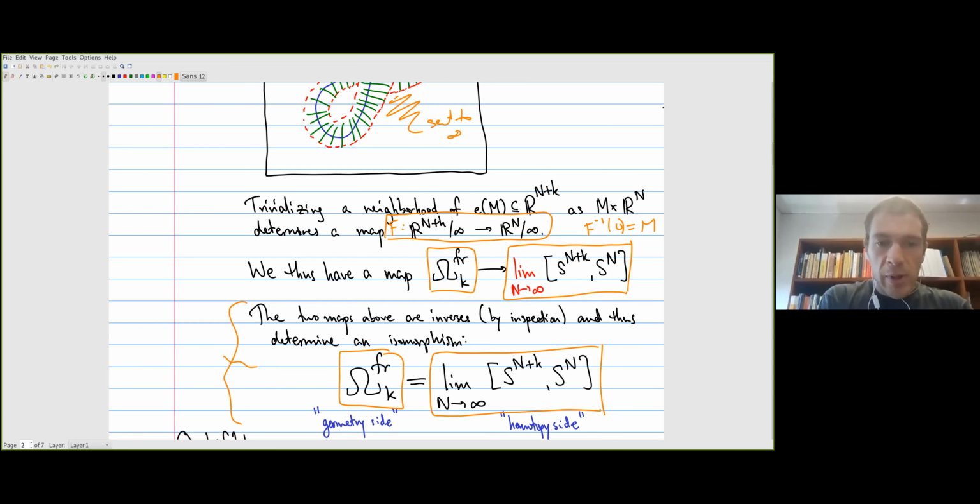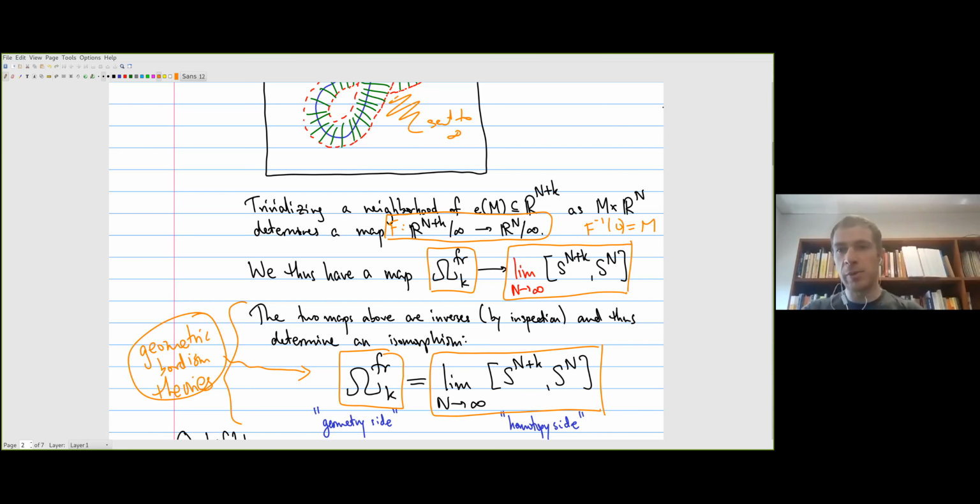So you can put on the left-hand side any of these other flavors of bordism that I said at the beginning: unoriented, oriented, almost complex, or whatever you like. These usually go under the name of geometric bordism theories, geometric in the sense that it's literally manifolds modulo bordism. And on the right-hand side, there are corresponding other things you can write here.